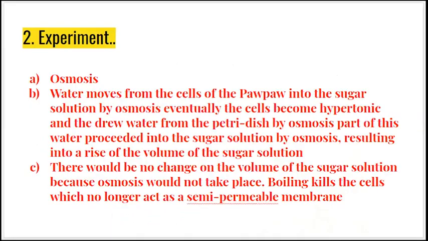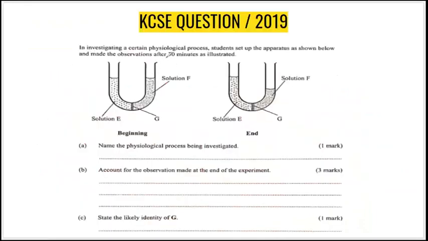Let's see the answer. You can also take a look at that. And next question, that's also a question from KCSE. Let's see what it is. Students investigating a certain physiological process set up the apparatus as shown below and made observations after 30 minutes as illustrated.